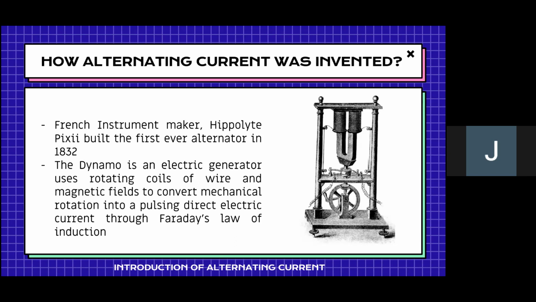Gumawa siya ng isang instrument na nagko-convert ng mechanical energy to electrical energy gamit yung horseshoe magnet na nakakabit sa isang crank na malapit sa isang coil. Ginamit niya yung principle ni Michael Faraday, which is electromagnetic induction, na pagka may linapit kang magnet sa isang coil or nagpaikot ka ng copper disc malapit sa magnet, magge-generate daw ito ng current.